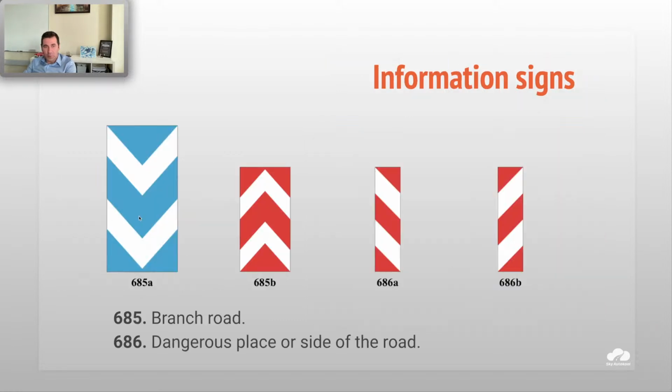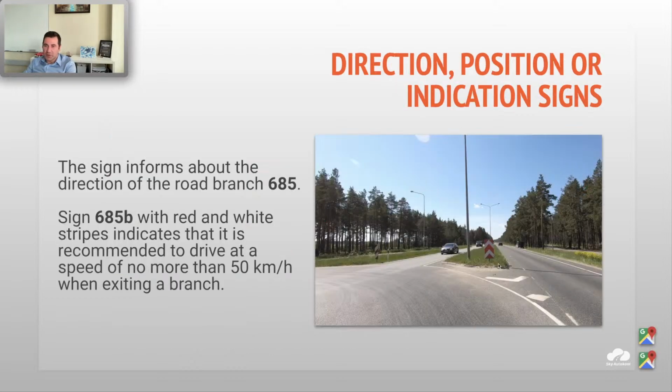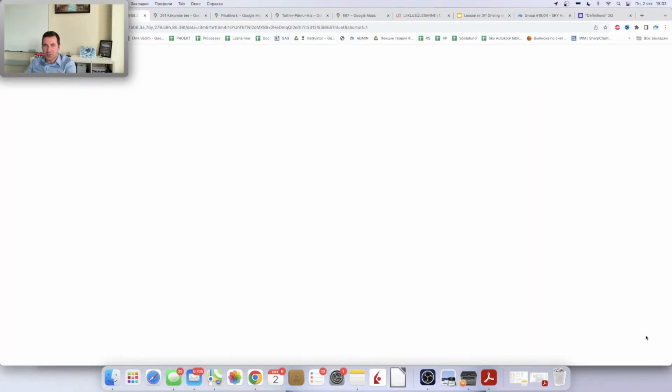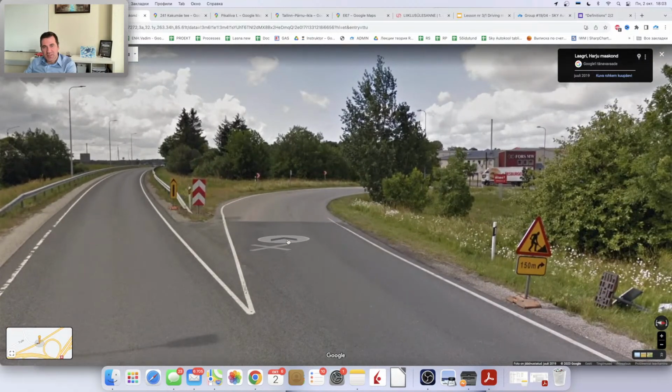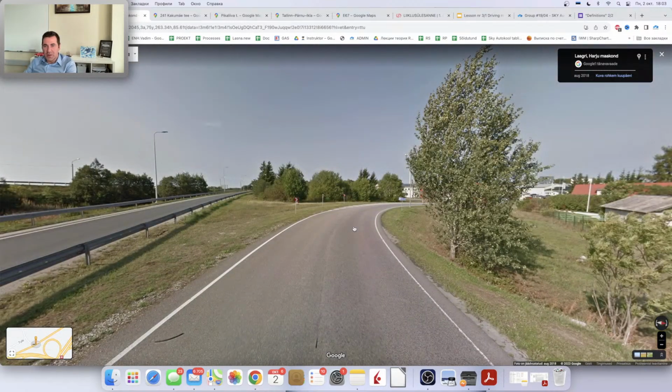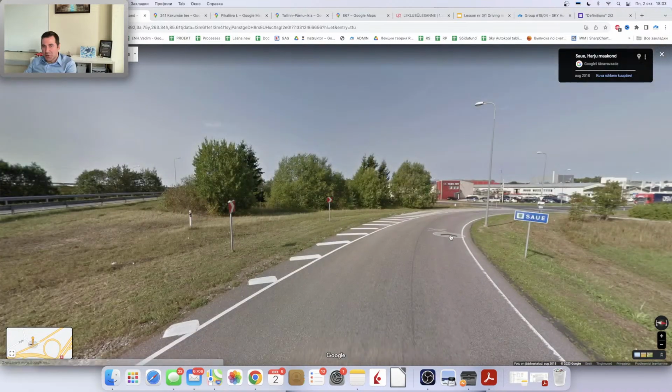Blue ones mean it's up to you to choose the speed, but usually the turn is not that sharp, so you don't have to slow down so much. For example, this one is red, and you can see it goes quite sharply to the right, so it's better to slow down, and the sign tells you to definitely go less than 50 kilometers per hour, because otherwise you maybe cannot simply turn.